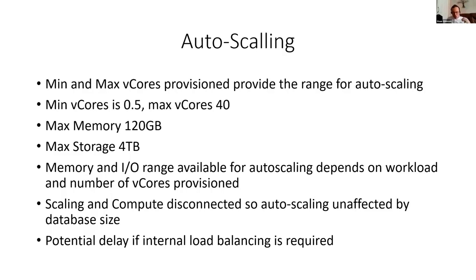This is a rare event, and it will happen, for example, if you want to scale up your number of vCores to 10 vCores. You do that, and it goes off to Azure, and Azure says, actually, I've only got 8 vCores available here. It then needs to do some internal load balancing in the background to make those extra 2 vCores available to you.